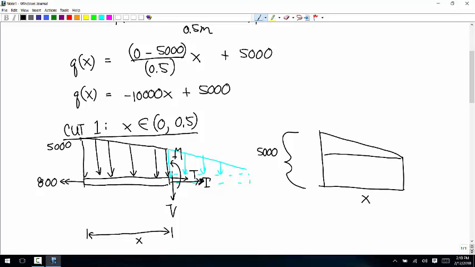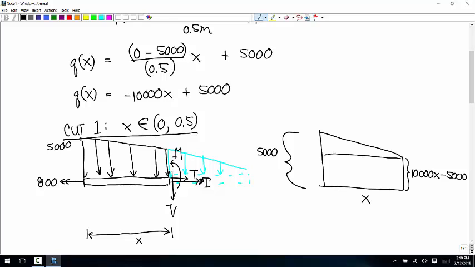If only we had a function. Yeah, right, that's q. So this length is 10,000x minus 5,000. That means that this height is also 10,000x minus 5,000 because that's a rectangle.